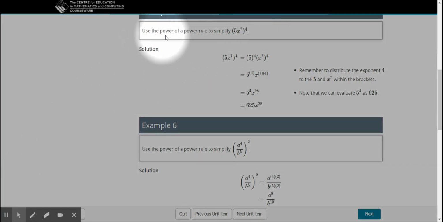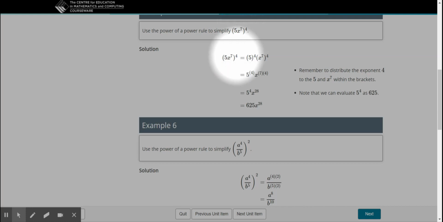And the question is, use the power rule to simplify this expression, which is 5x^7, all that to the exponent 4. So remember that when we apply the power rule, we multiply the exponents of each of the terms.